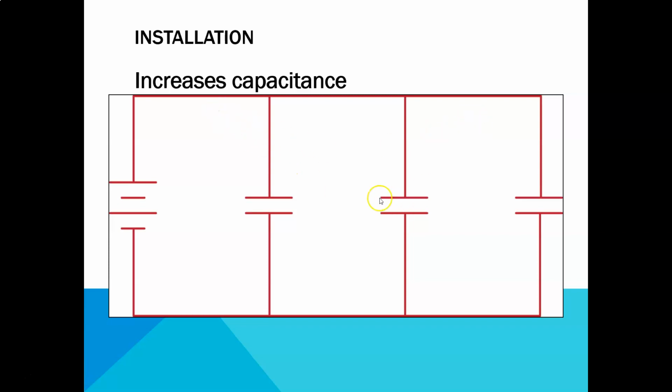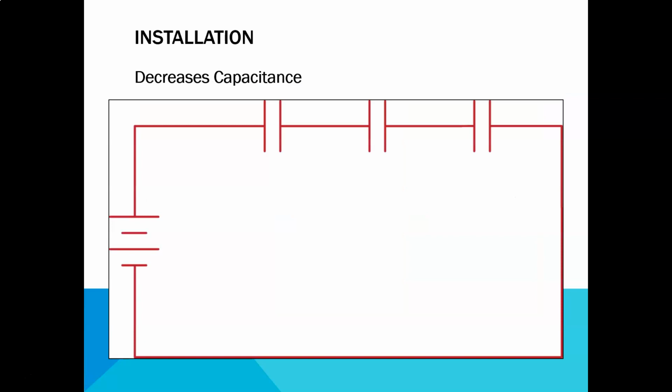By putting them in parallel, we do not increase voltage, we increase the storage capacity of one, right? So if we put 4 of these in a row and we put them in parallel, the voltage range of one capacitor is what's in play, but our microfarad of capacitance becomes bigger.